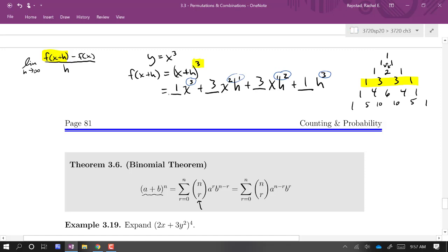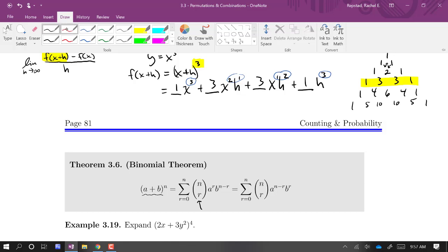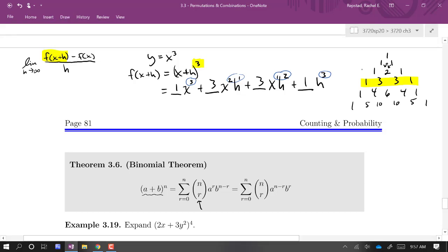This is related to the binomial theorem because, as it happens in Pascal's triangle, the entry in row I, column J gives you I choose J. So the top row is considered row 0.